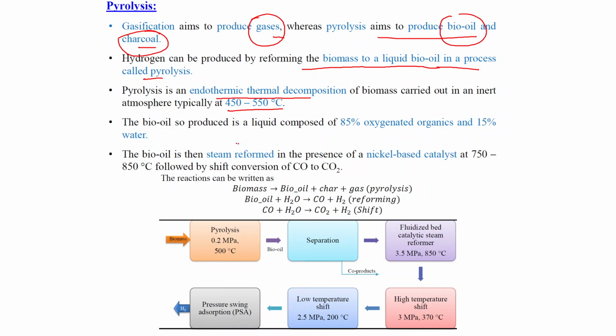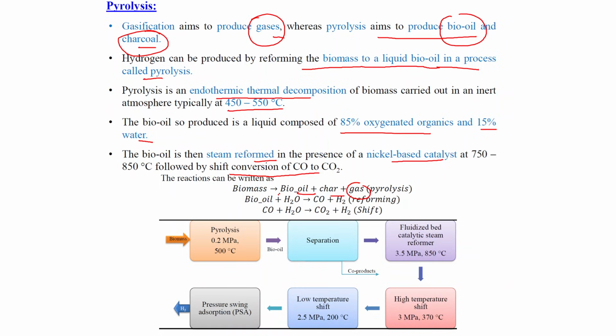Then this bio oil is a liquid which consists of 85% oxygenated organics and 15% water. The bio oil is then steam reformed in the presence of a nickel based catalyst at a temperature range of 750 to 850 degrees C, followed by a shift conversion of carbon monoxide to carbon dioxide. So this is the reaction which is taking place. Firstly, pyrolysis takes place where bio oil and char are produced and some amount of gases also.